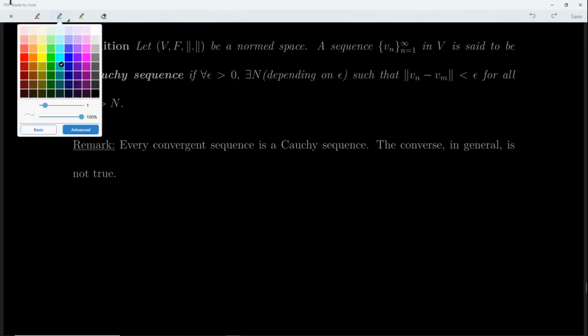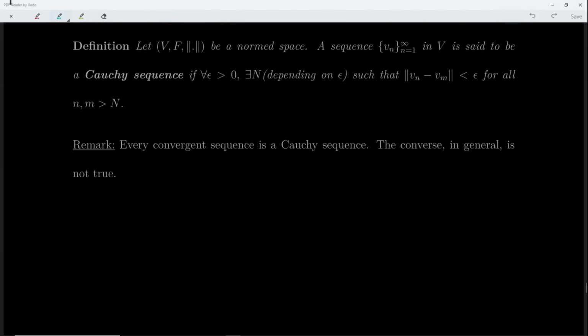Let's start. Suppose there's a sequence which is convergent.